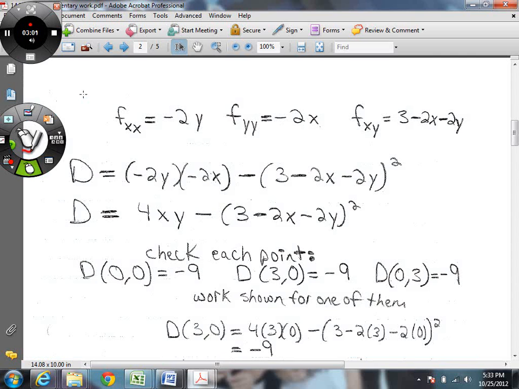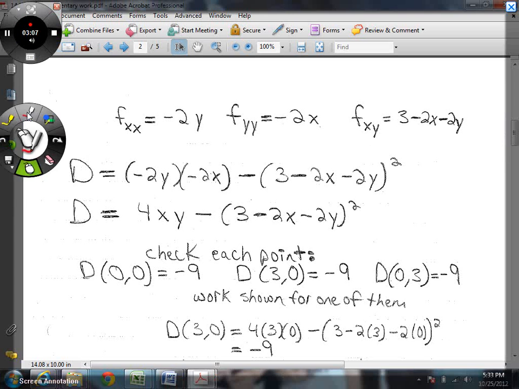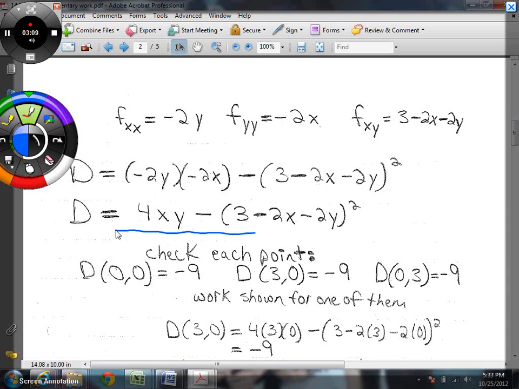Okay, so there's the work shown there, and the d, so we're finding the d, and I just have an expression for the d, so it's these two multiplied together minus this one squared, and started plugging the numbers in, plugging in our critical numbers to see what we got.